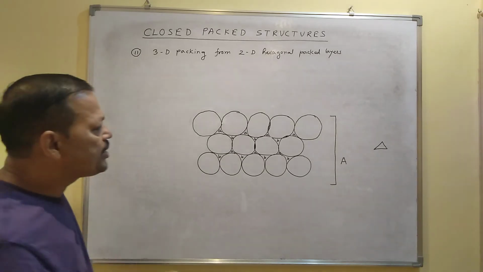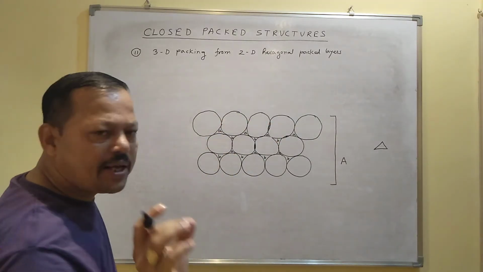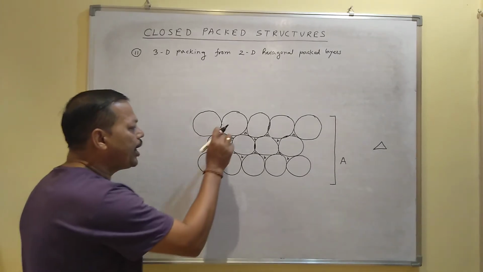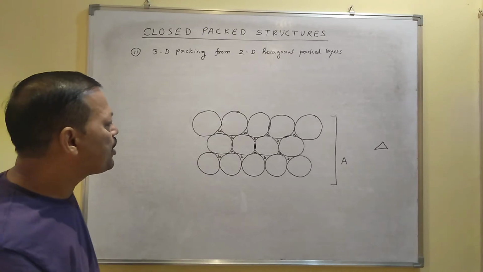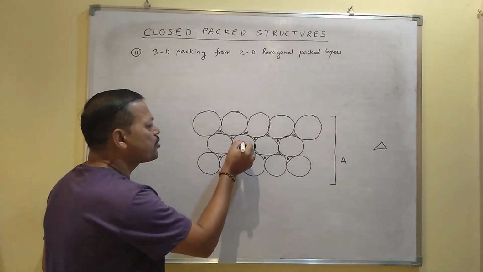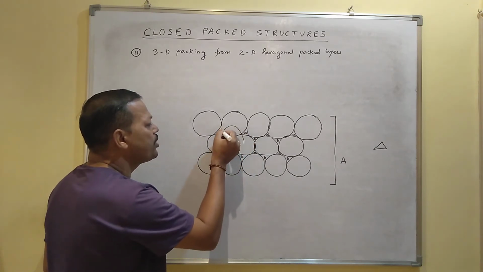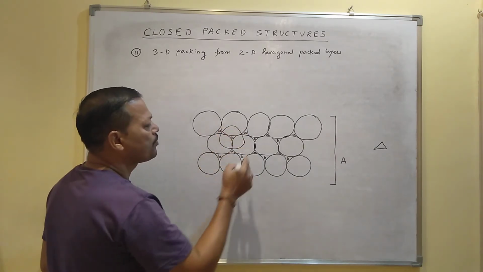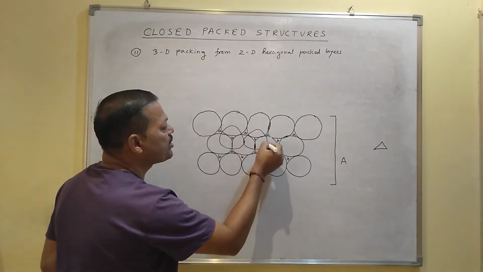Now when you place the second layer above this layer, let us place the second layer particles above the void B. Suppose this is one of the second layer particles which is placed above a void B. This is another void B, we will place another particle like this.